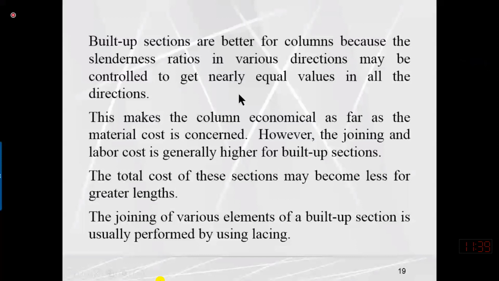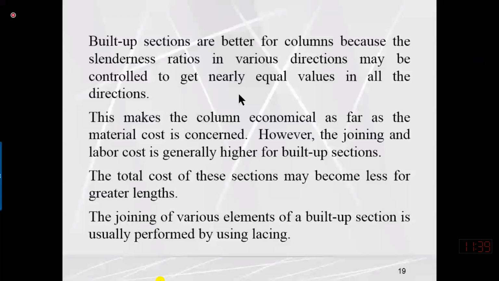So there are 2 reasons for the built-up section. Again, I will repeat. One reason is that if a heavy section is not available in the market, then we join 2 lighter sections to make an area equivalent to the heavy section. Number 2, to increase the moment of inertia or radius of gyration about the weak axis.